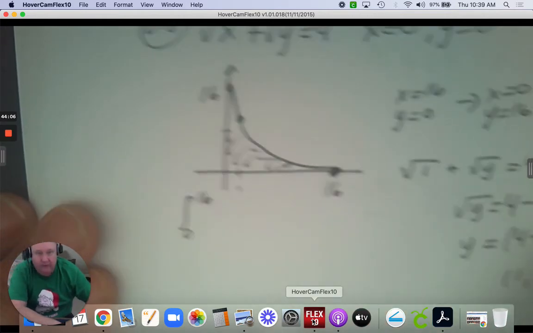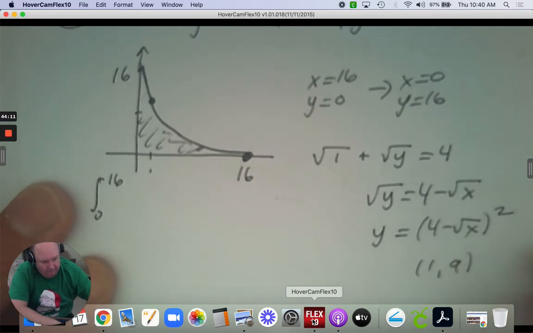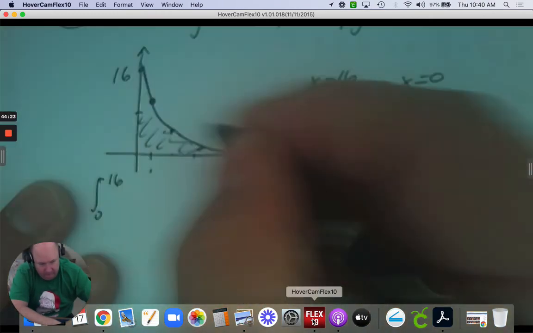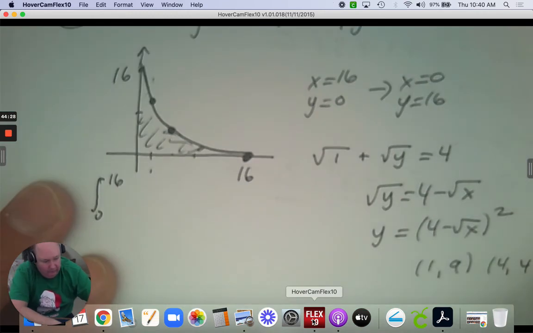Oh, I could have found another point. What was the obvious one I didn't... If I plugged in 4, the square root of 4 is 2, and 4 take away 2 is 2 squared. So 4, 4 is on my graph too. I also could have plugged in 9.